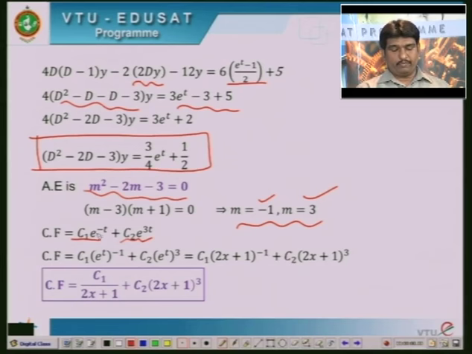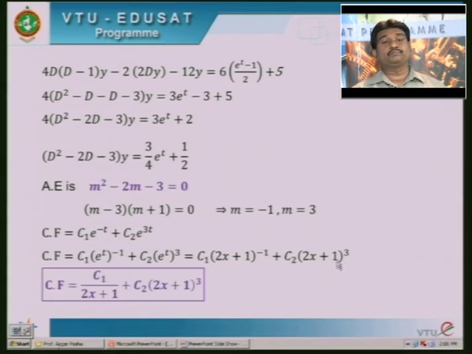Now write e^(−t) as (e^t)^(−1) and e^(3t) as (e^t)^3, and substitute e^t as 2x+1 to get CF in this form: CF is C1/(2x+1) + C2 (2x+1)^3.